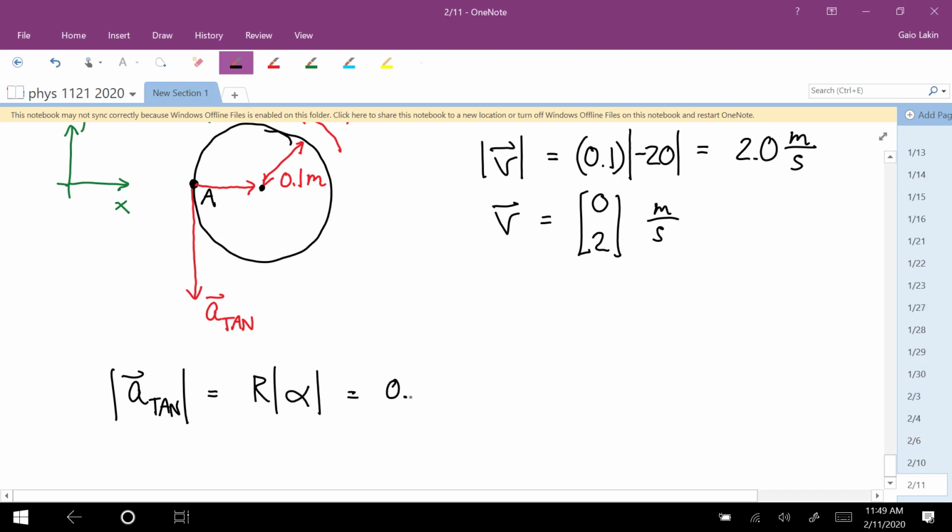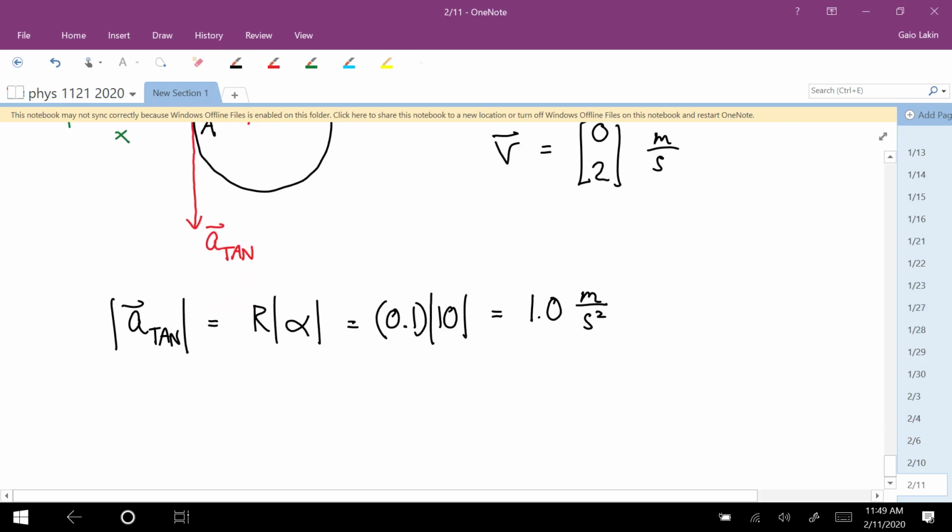So that's 0.1 times the absolute value of 10. And so that's 1.0 meters per second squared. That's in the negative y direction. So the tangential acceleration is 0, negative 1.